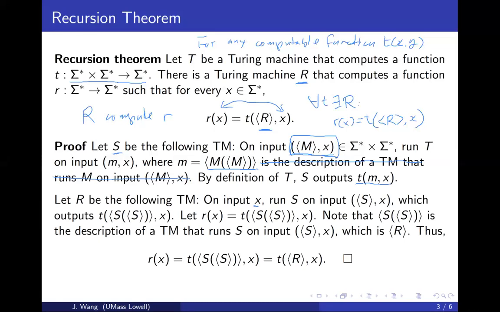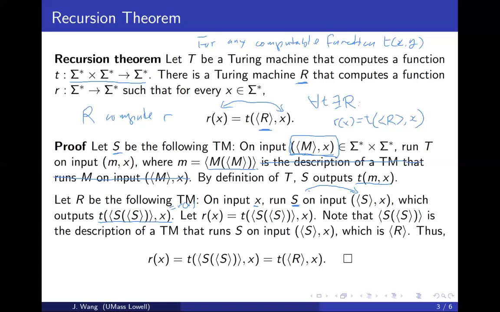Since we already have S, we know its description, so we run S on the description of itself, comma X. Because now S becomes M here, it simply outputs T of this. So now we let this be R of small r of X.